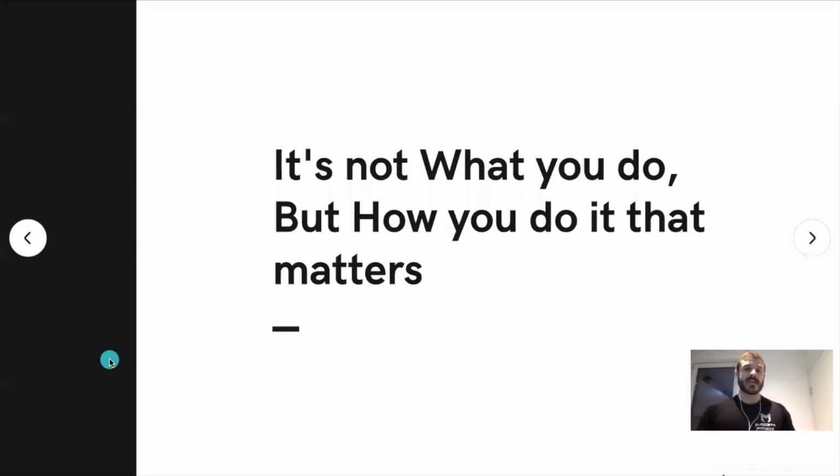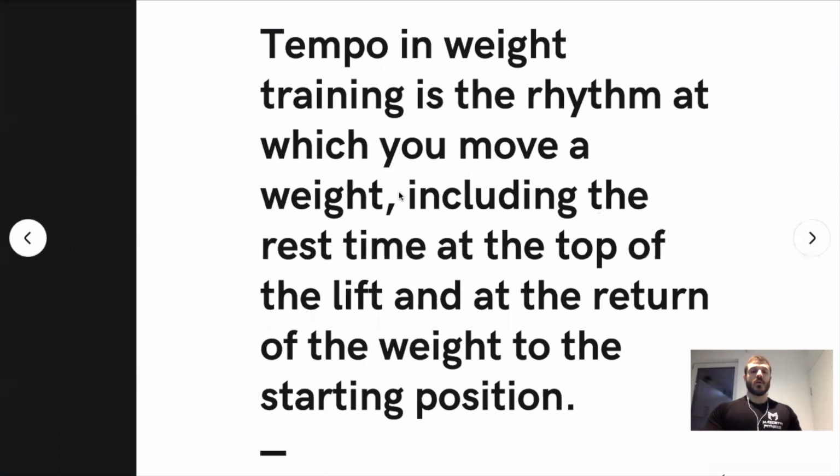Because again, it's not what you do, but how you do it that matters. And we're going to enter another concept here, which is tempo. Okay, so we had a look at the first one, which is exercise execution. Now let's have a look at tempo.